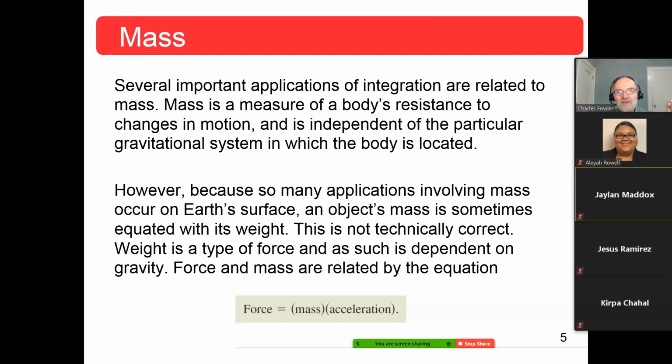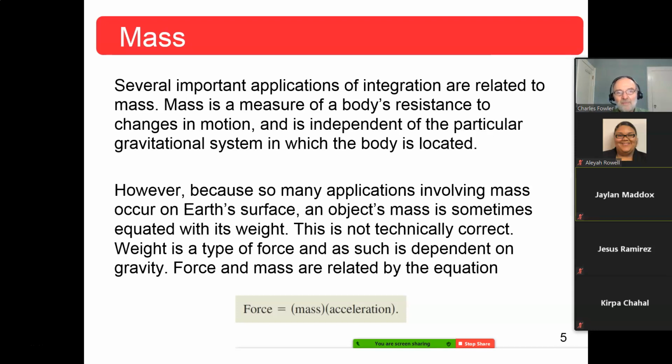Several important applications of integration are related to mass. Okay, mass is a measure of the body's resistance to changes in motion. Now that's an odd way to think of it, but it certainly is true. Very physics oriented. A body's resistance to changes of motion is its inertia. Mass is a measure of a body's inertia.